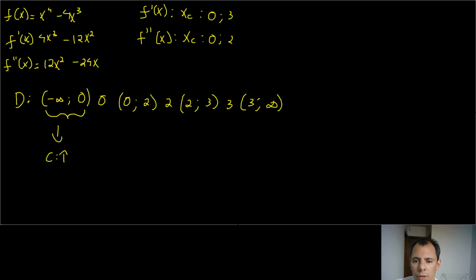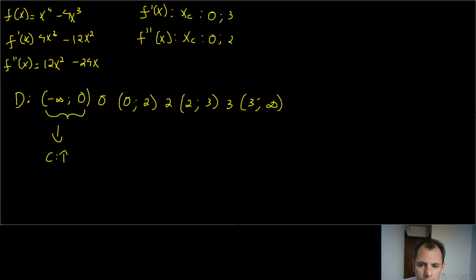You see, the first derivative is 0, and the second derivative is also 0 at the point 0. So I know that this is a flat tangent line, but we gotta find out what's going on in here. So let's go to this one. Between 0 and 2, let's try, for example, 1.